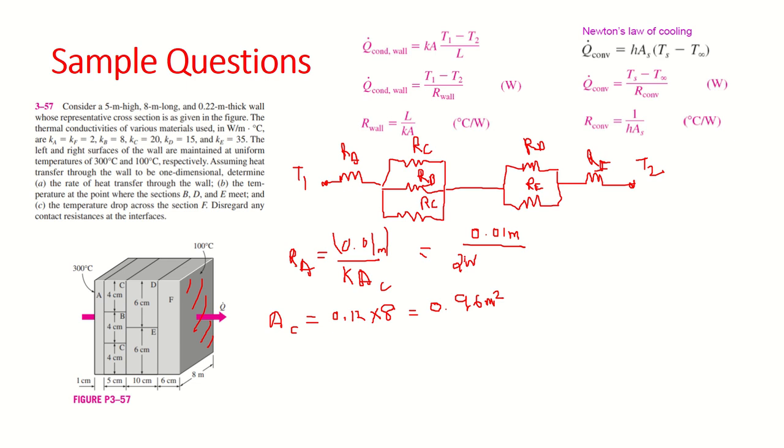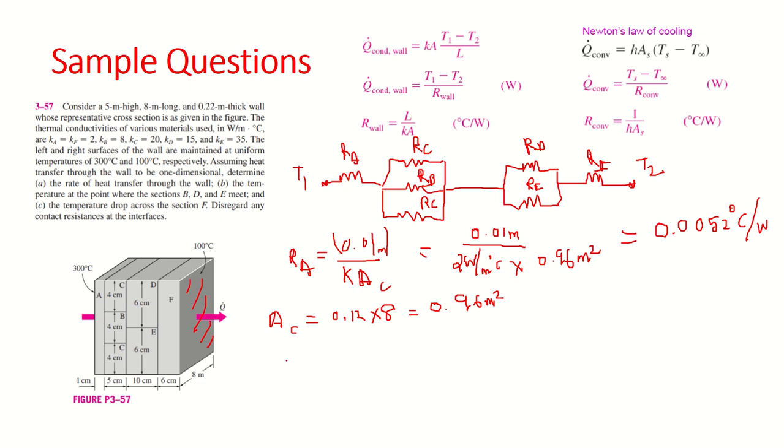So watt per meter degree Celsius multiplied by the area, 0.96 meter square. If you calculate, you will get 0.0052 degree Celsius per watt, the resistance unit.